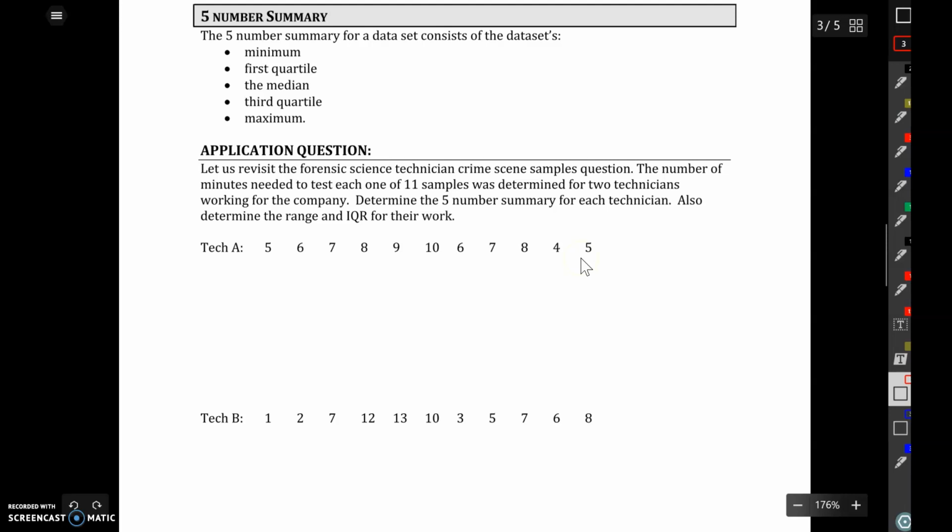We'll also, just to review and practice, give the range and the IQR or interquartile range for each technician. So what I'd like you to do is pause the video, remember how to calculate those different values, and then resume the video in a second to check your answer.